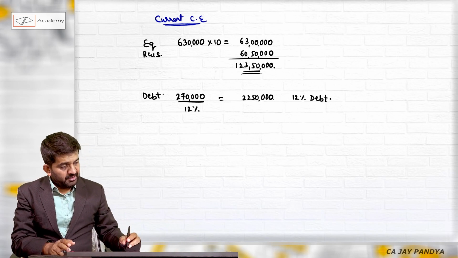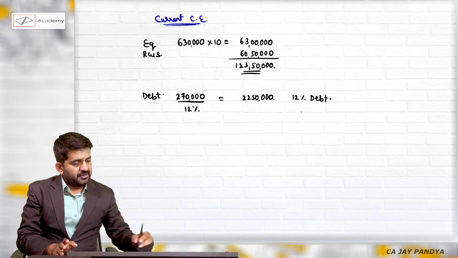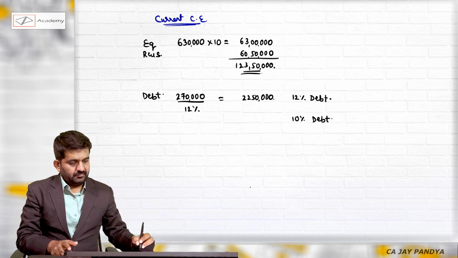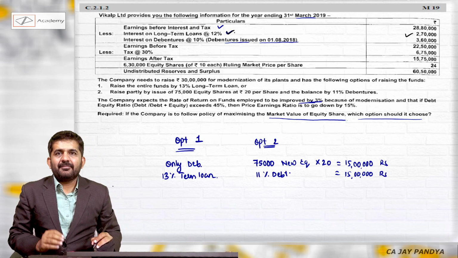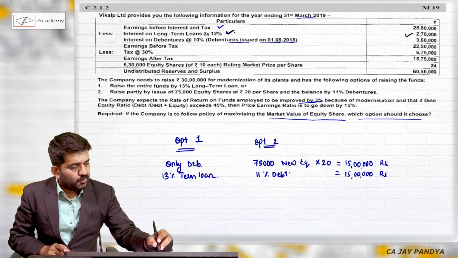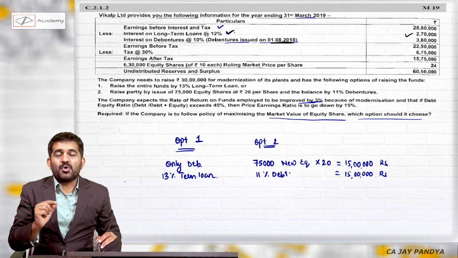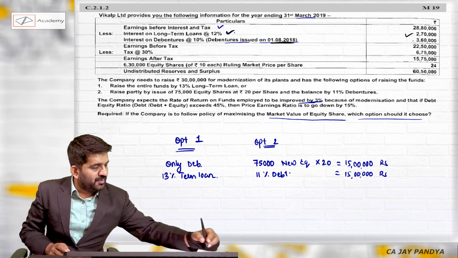Let us go to another debt, which is a 10% debt. Please understand, this debt was issued on 1/8/2018. So how many months of interest would have been charged?